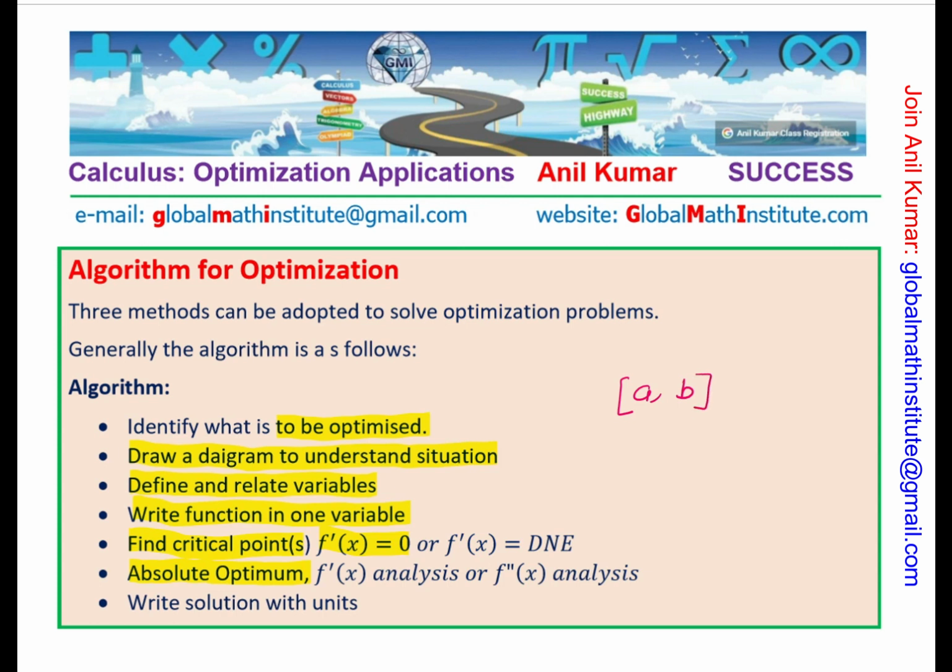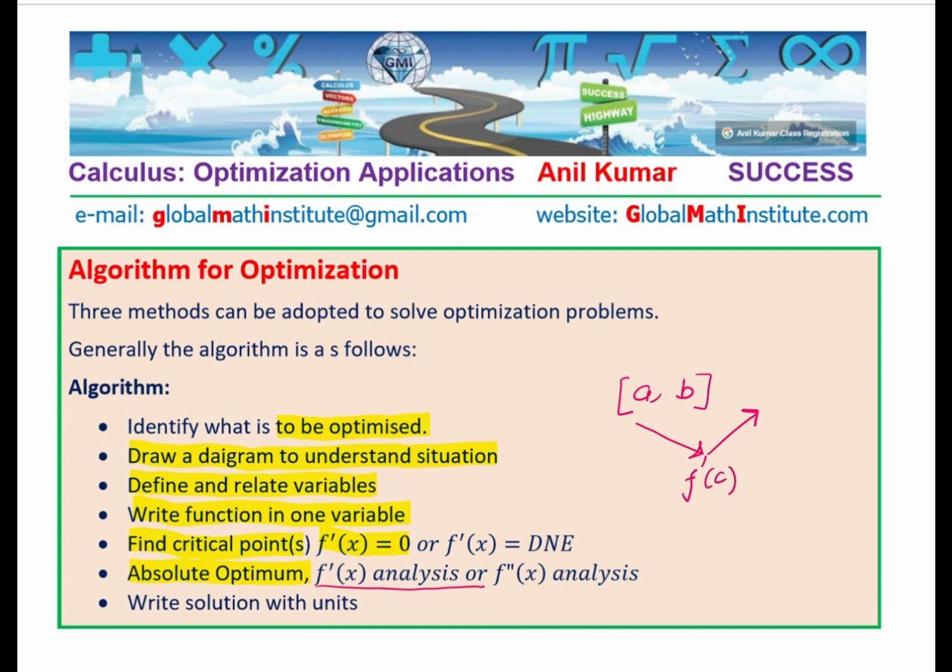The second is we could do the analysis of the first derivative. For a minimum, we are looking for something which is decreasing and then increasing at the critical point. So that will give us a minimum.